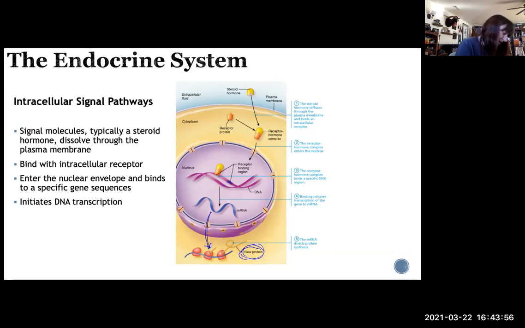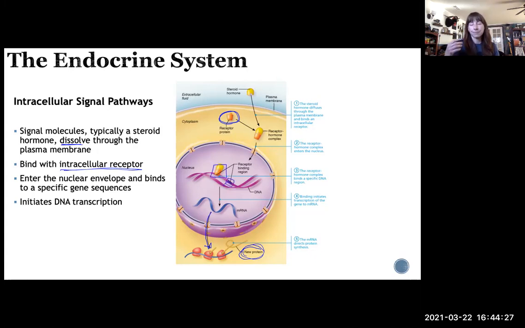Otherwise, if they just come in via diffusion, right, passive diffusion, they will find a receptor which is hanging out inside of the cell. Okay, so they might find a receptor on the plasma membrane, or they might diffuse in and find a receptor inside of the cells.